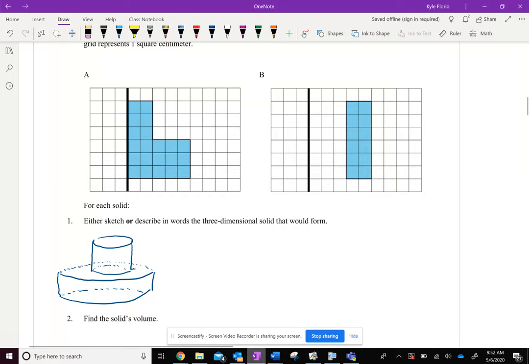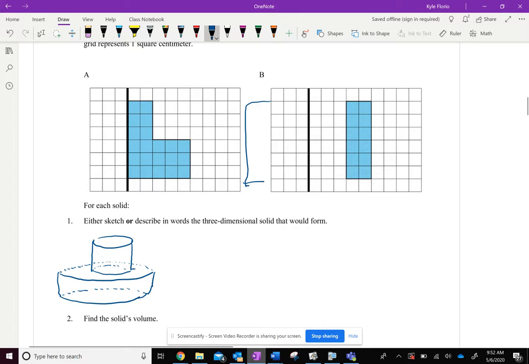Let's see what the other one's going to look like. Sketch or describe in words. It looks like two cylinders on top of each other. This one down here is going to be a little tricky. If I rotated this around in circles around this y-axis, it's going to be a cylinder, but it's going to be hollow on the inside because there's no in-between region here.